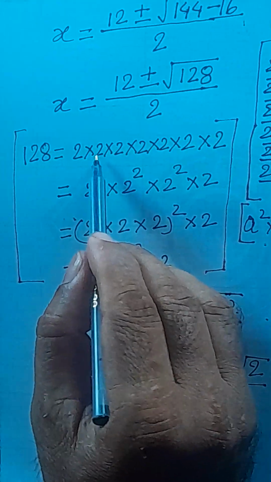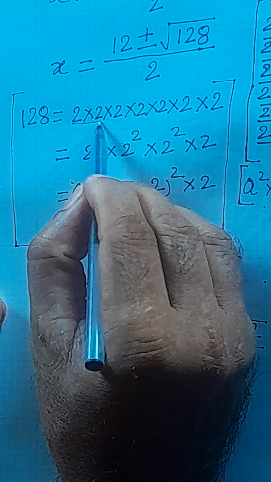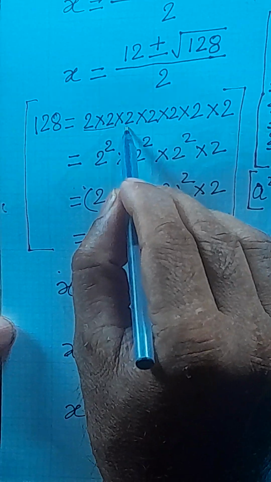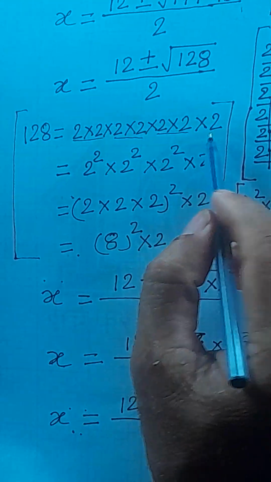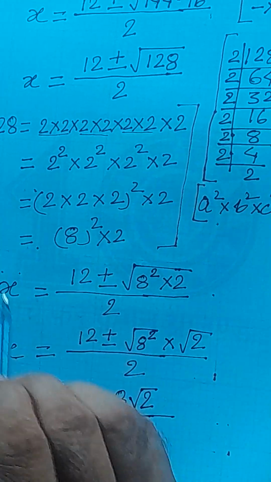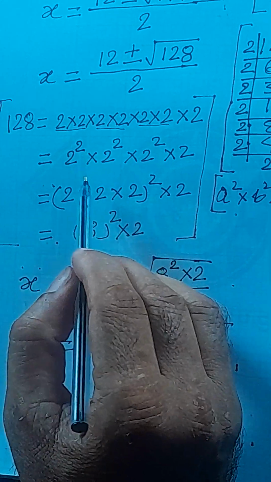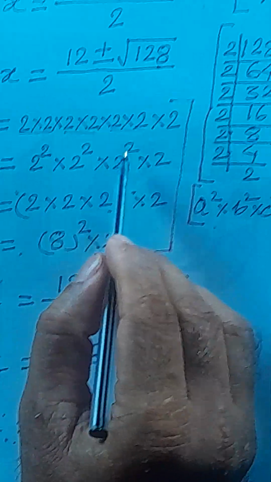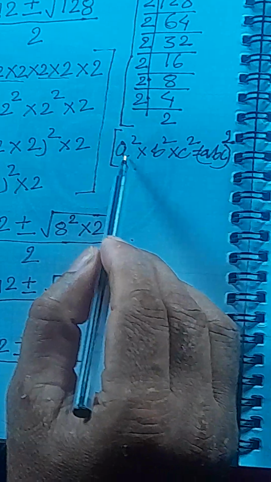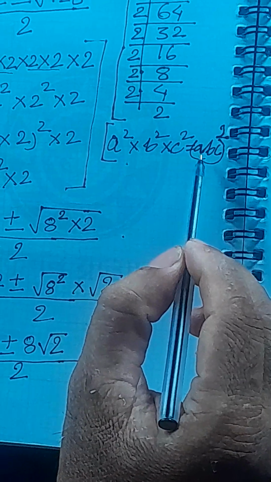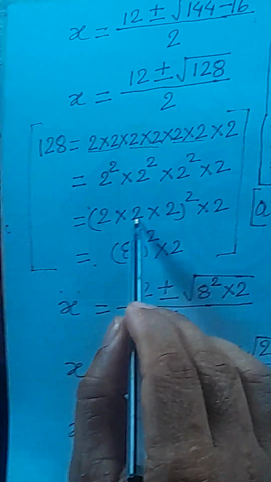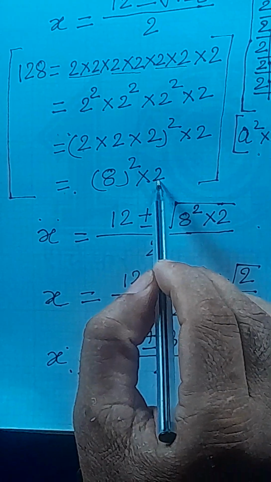So here 2 multiplied by 2 equal to 2 square, 2 multiplied by 2 equal to 2 square, 2 multiplied by 2 equal to 2 square, and this is the single 2. To make it easy, we write 2 multiplied by 2 as a square, because if there is a square multiplied by b square multiplied by c square, it can be written simply as abc whole square. So 2 twos are 4, 2 fours are 8, 8 square multiplied by 2.